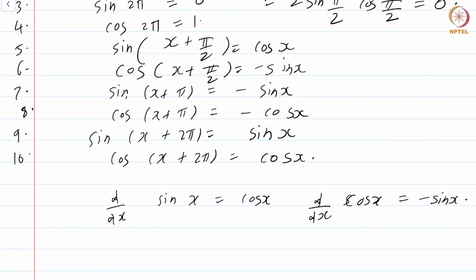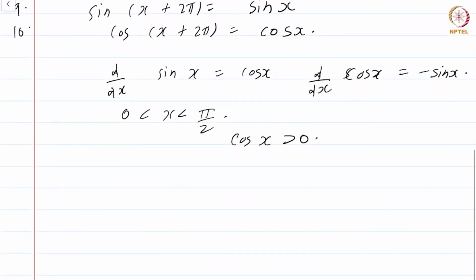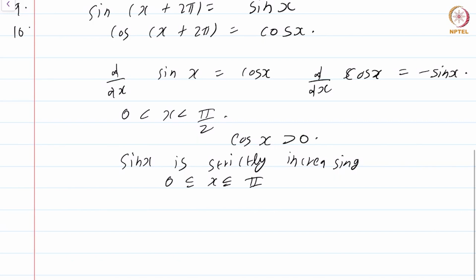Now let's focus on the interval 0 less than x less than pi by 2. In this interval, cos x is greater than 0. Therefore, what we can conclude is that sine x is strictly increasing in the interval 0 less than or equal to x less than or equal to pi by 2, simply because the derivative is greater than 0.